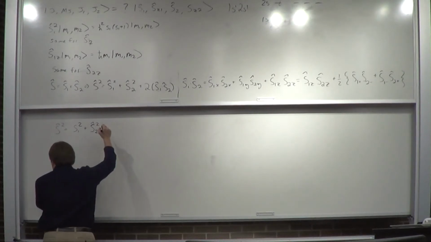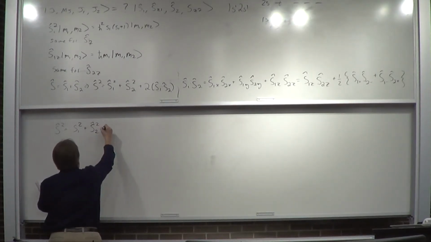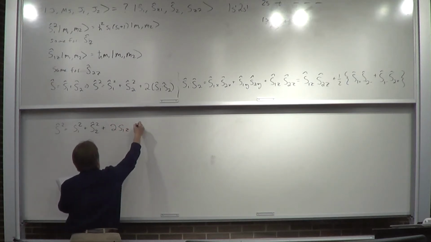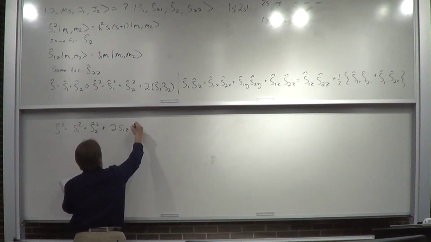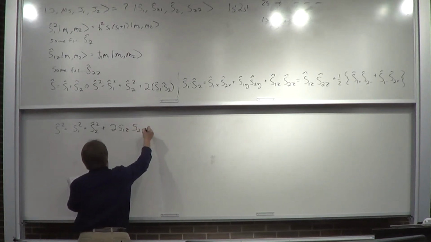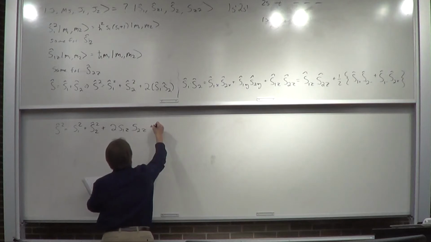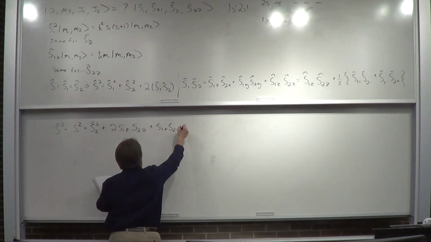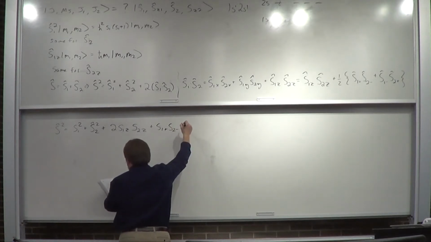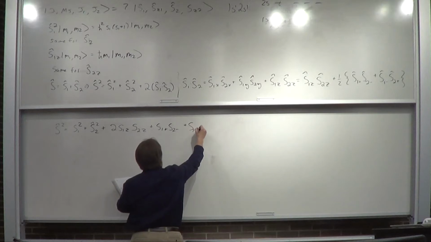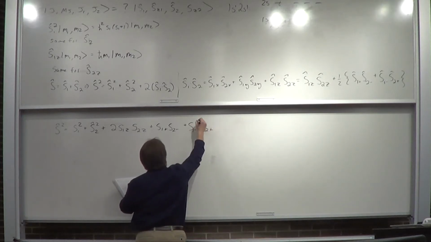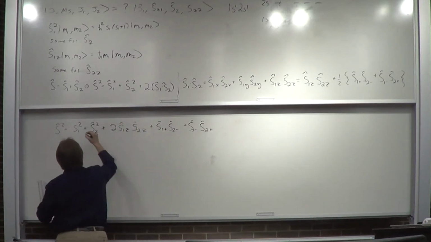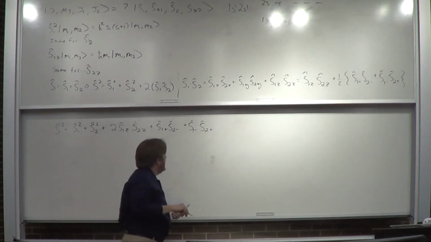So we still have S1 squared and S2 squared plus 2 S1z S2z plus S1 plus S2 minus plus S1 minus S2 plus. Everyone gets a hat. What a happy day. There we go.